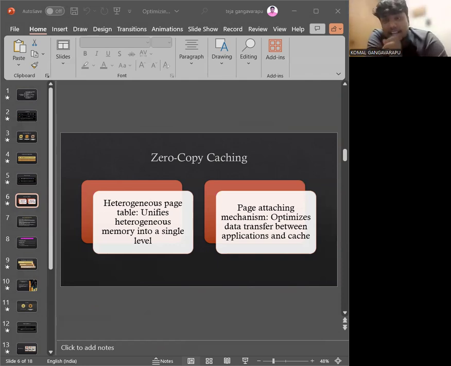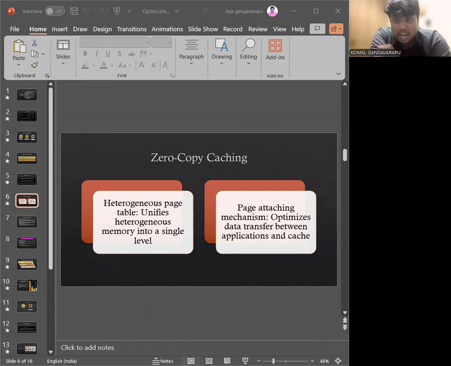This slide mainly explains the importance of zero copying caching, a crucial technique used in FlatCache to enhance the performance of the file system on heterogeneous memory architectures.